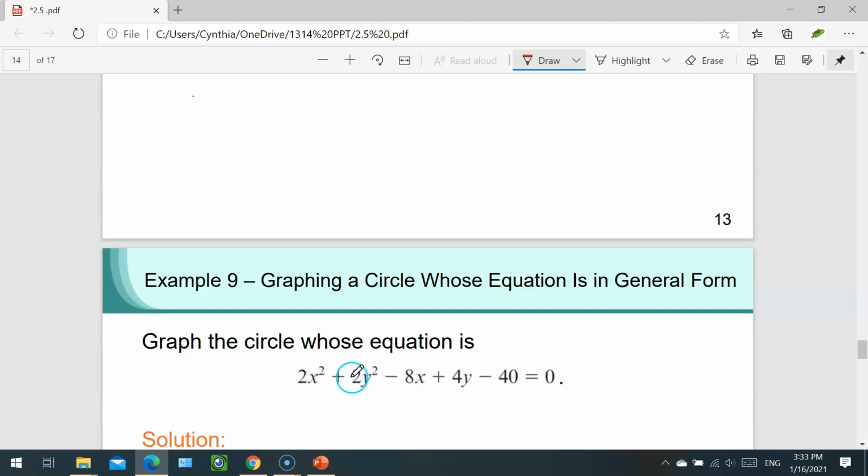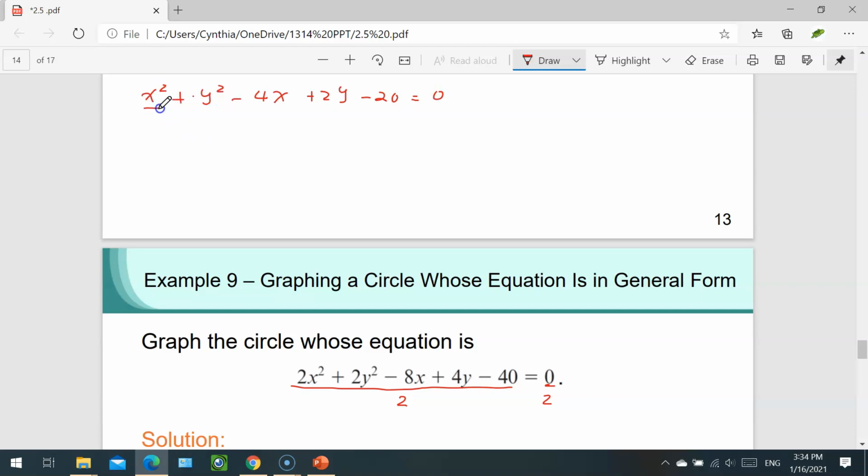As you can see, each term has a factor of 2. So I'm going to divide by 2 on both sides. So we will have x squared plus y squared minus 4x plus 2y minus 20 equal 0.